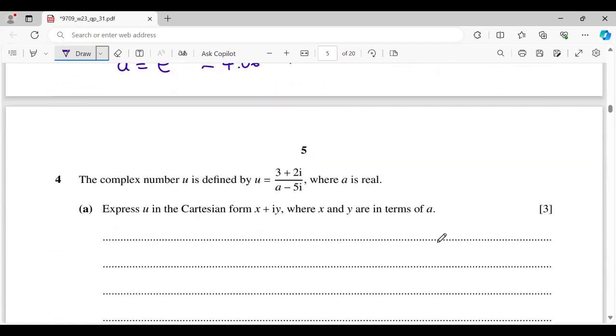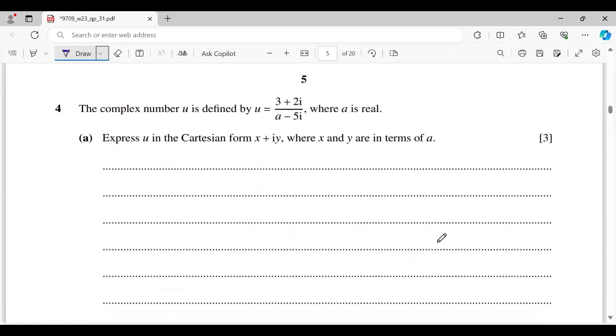Next, number 4. The complex number u is defined by u equals 3 plus 2i over a minus 5i, where a is real. Express u in the Cartesian form x plus iy, where x and y are in terms of a.